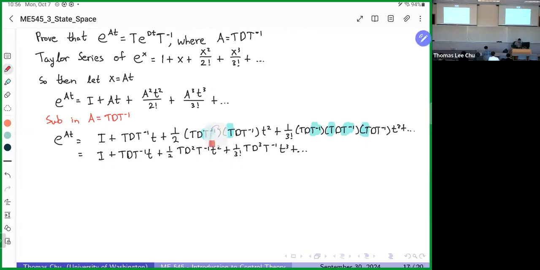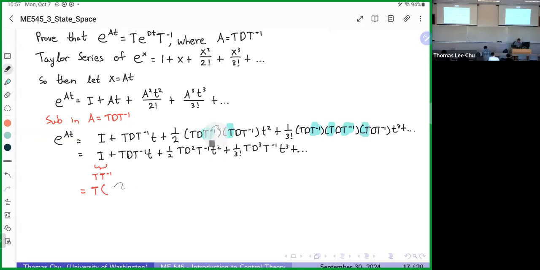We can express the identity matrix as t times t inverse as well here. And then basically I'm going to pull out the t to the left side of this whole equation and t inverse out of the right side of this whole equation. I have a different color, so I have t here.